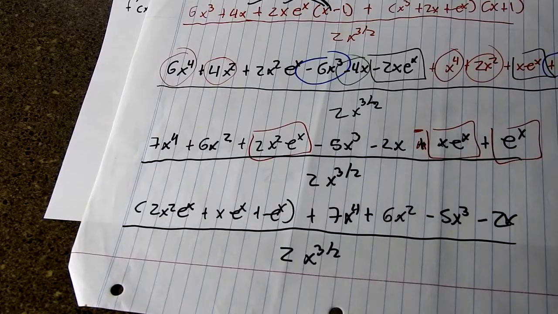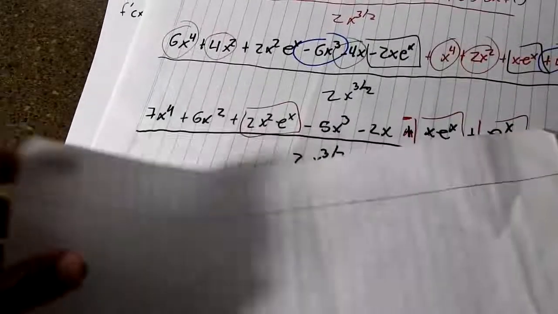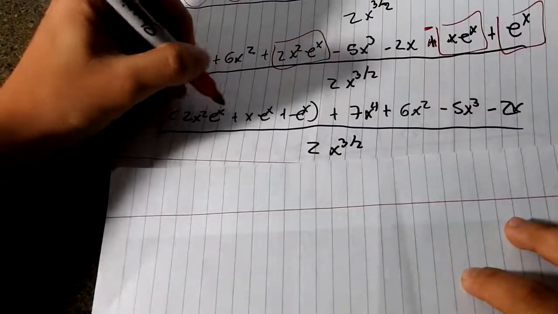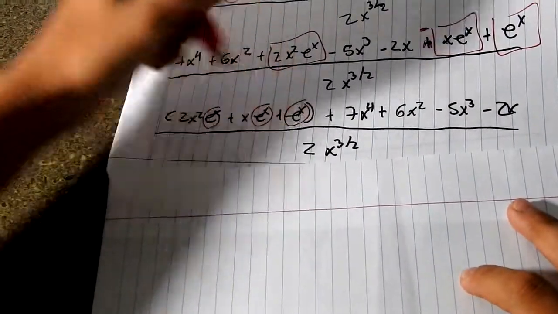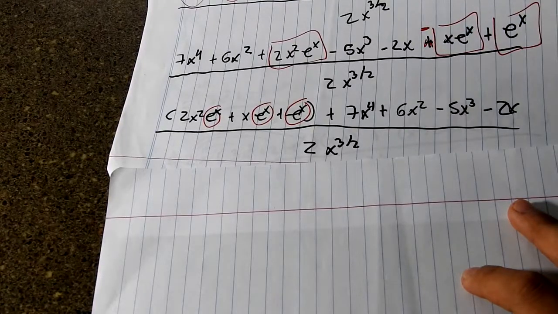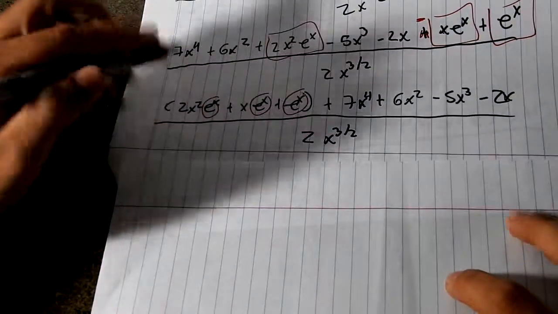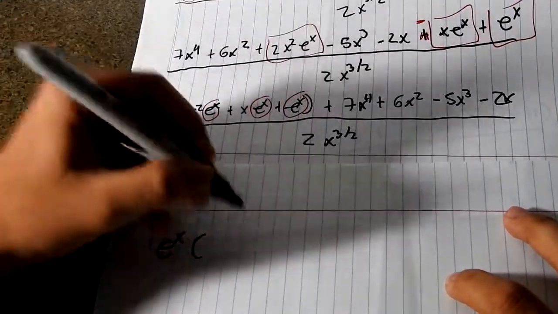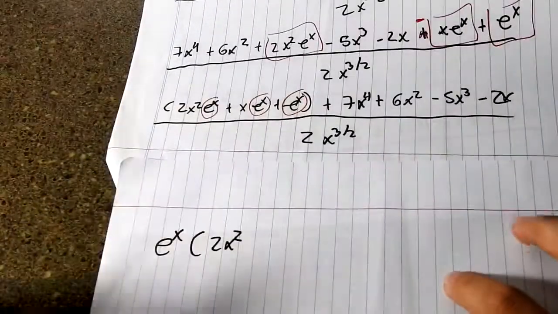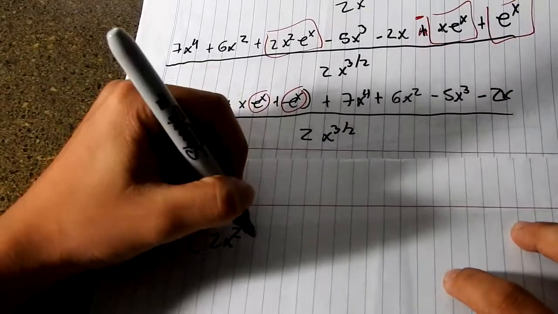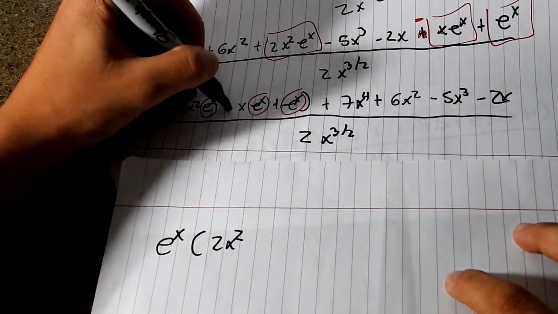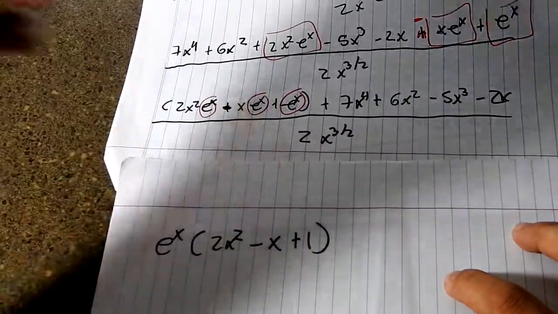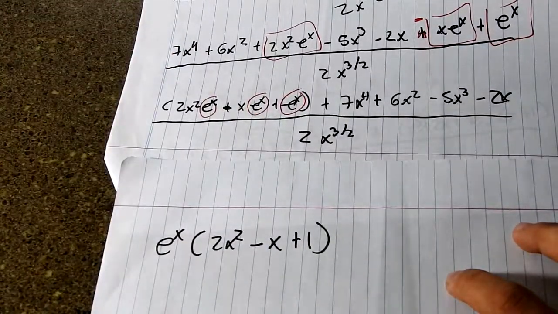Now just 2 more steps. I'm going to take out the e to the x of these terms. So we're going to have e to the x times 2x squared, right? And then we have, this is a minus 9, minus x plus 1, right? That's what is remaining.